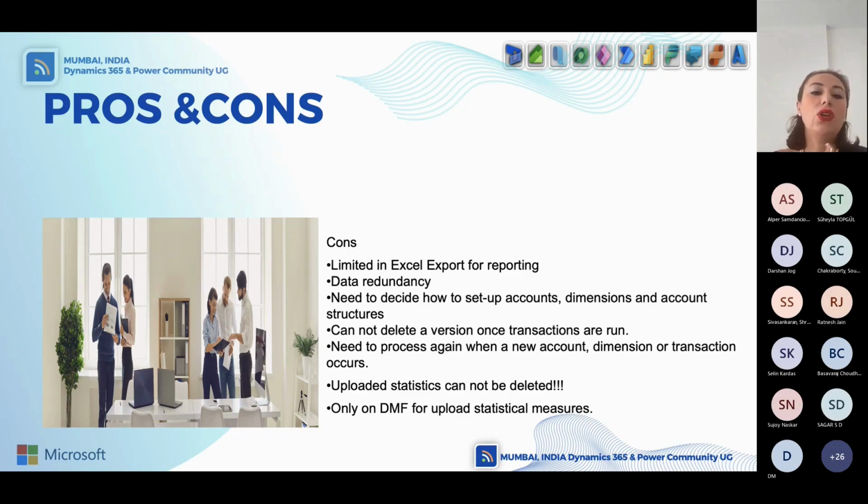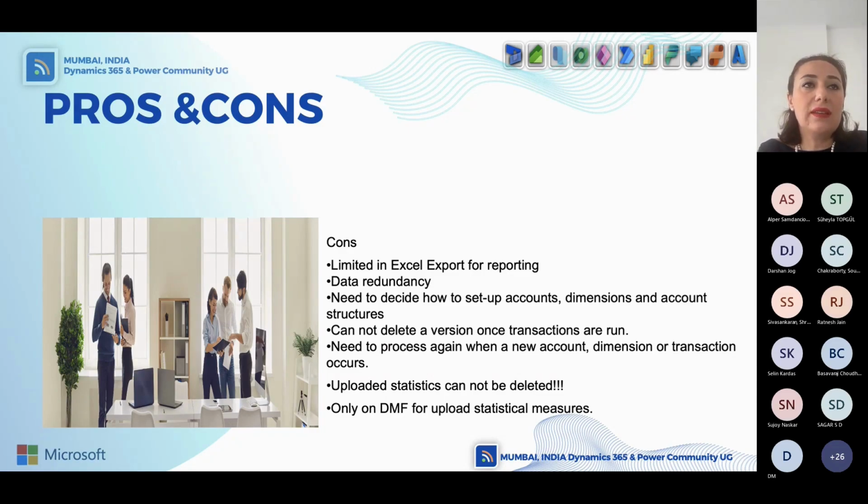Okay. You cannot delete a version when you run the transactions. This is why I offer you to do it in tests. So if you want to get rid of it, you can directly get rid of that version. You need to process again when a new account, dimension, or transaction occurs, which is very normal because it's a different module.